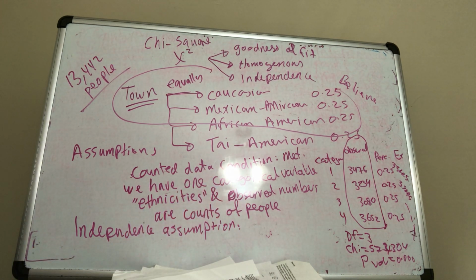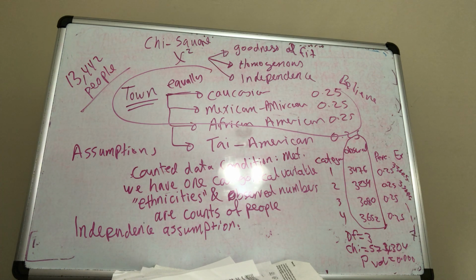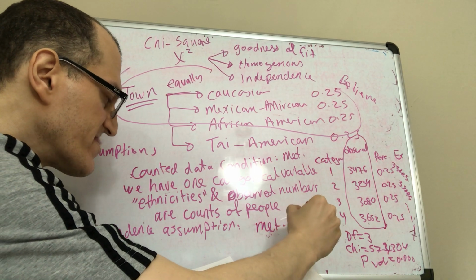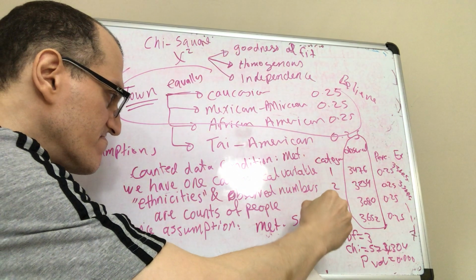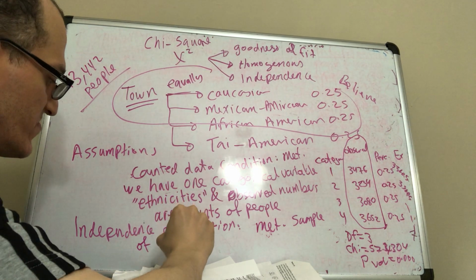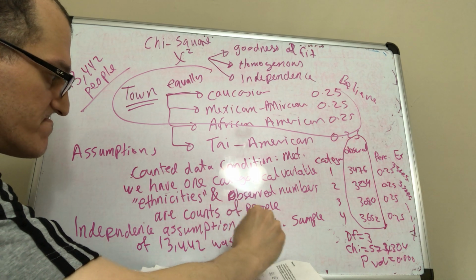And this is pretty much the same as the previous chapters. This sample must be selected randomly, and it's mentioned in the question, so you go met. A sample of 13,442 was selected randomly.